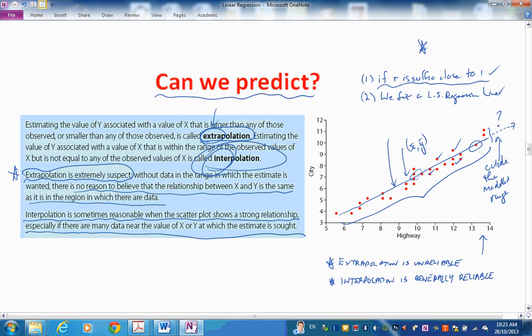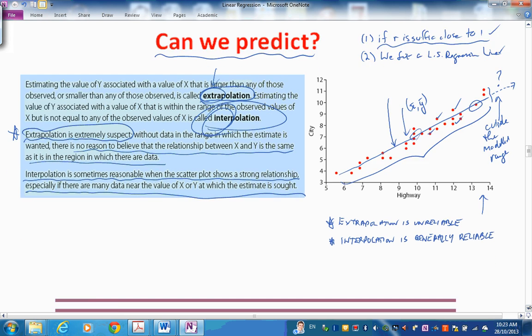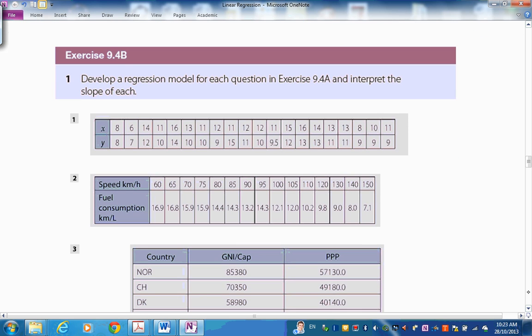So we use a bit of common sense there as well. Don't go blindly away and let the calculator fit a least squares regression line to any set of data. Look at the data. Is the linear form appropriate? Does the R support that? Does the set of points support that in their distribution around the line? That's important. Let's go on now and have a look at some problems.